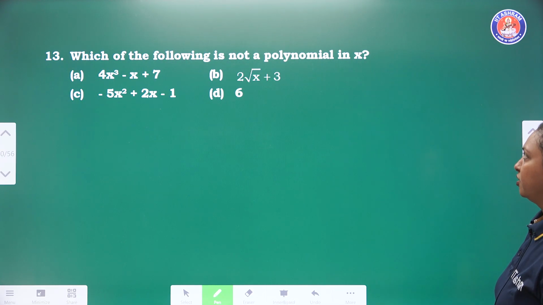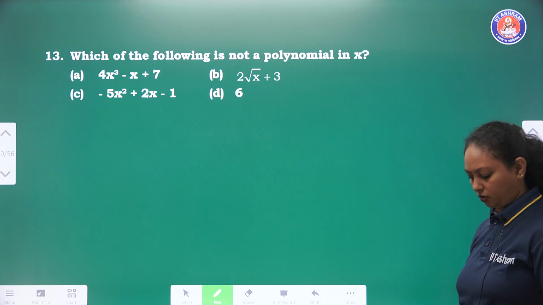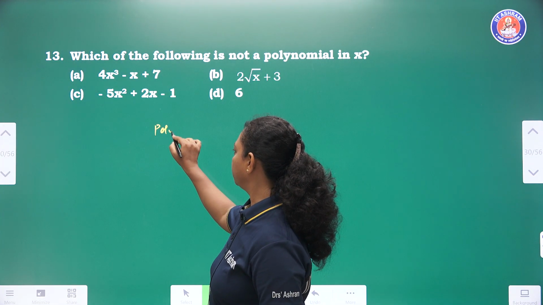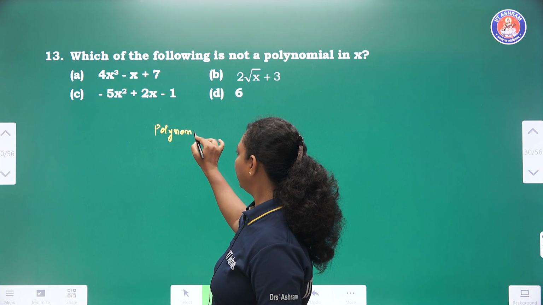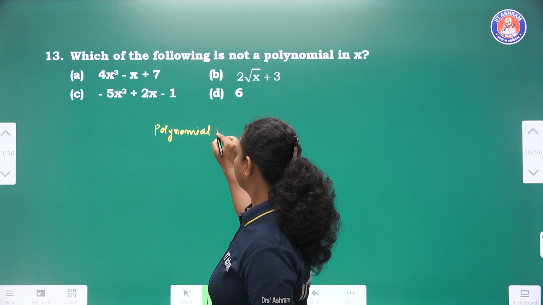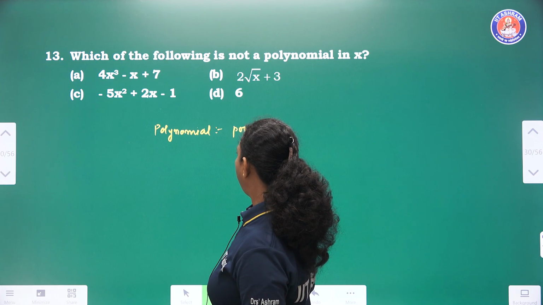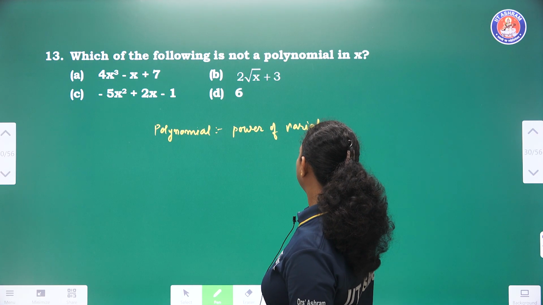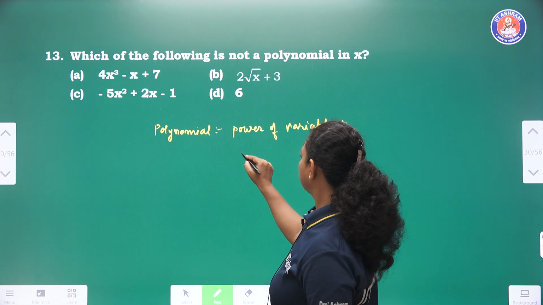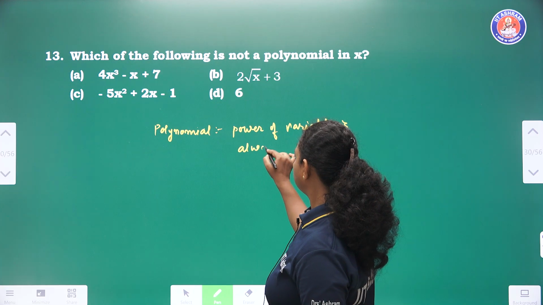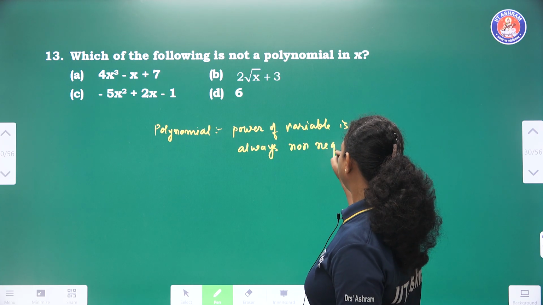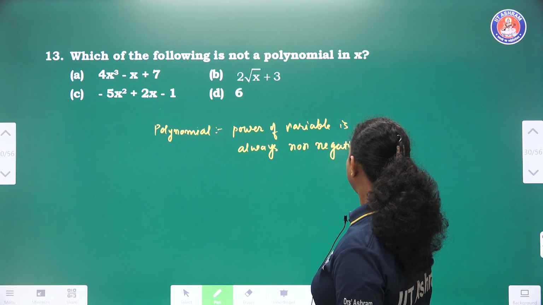Which of the following is not a polynomial in x? Okay, what is a polynomial? A polynomial is also an algebraic expression, but in that the power of the variable is always non-negative integers.